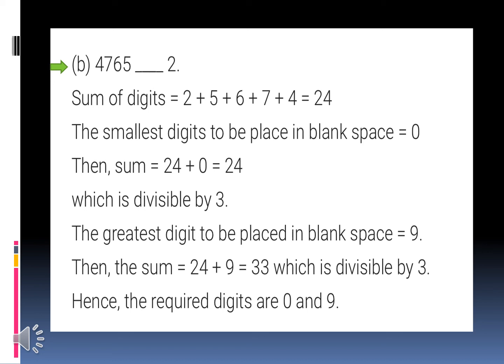So the digits that we already have give us a sum which is divisible by 3, right? So if we put 0 in the blank, then also it is divisible by 3. 24 plus 0 is 24. Then the number remains divisible by 3. So the smallest number is 0, which can be put here in the blank.